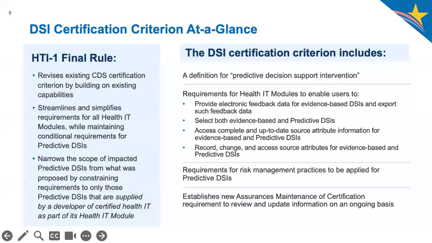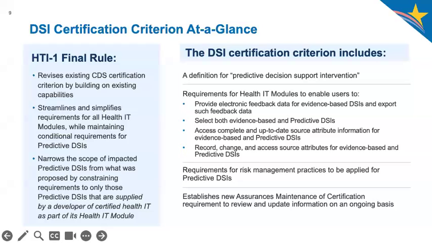So in the final rule, what we did, we revised our existing clinical decision support certification criterion by building on existing capabilities. We provided a definition for predictive decision support intervention, and included requirements for health IT modules to enable the users to provide electronic feedback data for the evidence-based DSIs and export such feedback.